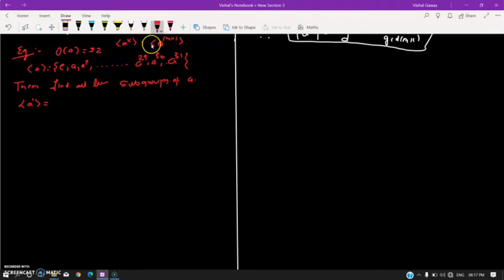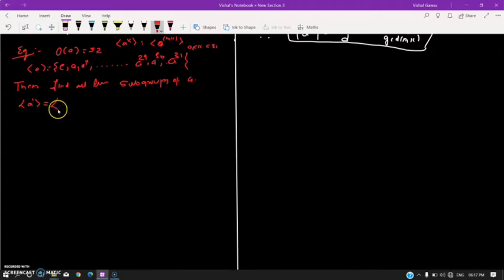So the elements whose GCD with N is 1, all K's whose GCD is 1, where K is between 0 and 31 of course. Any K between 0 and 31 whose GCD is 1 with 32 will generate the same subgroup, right?